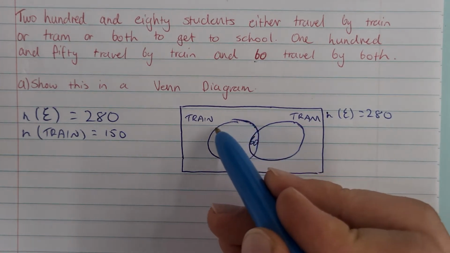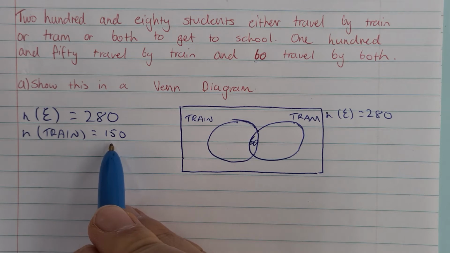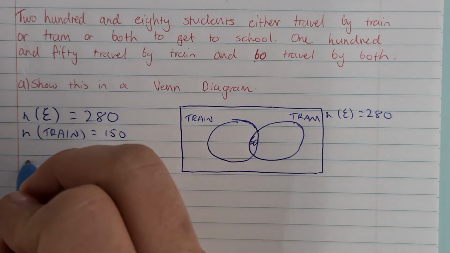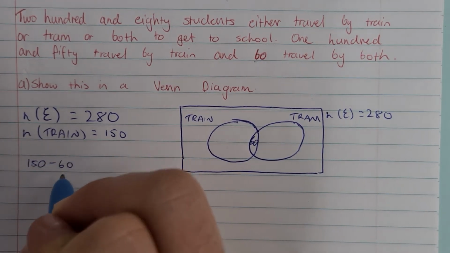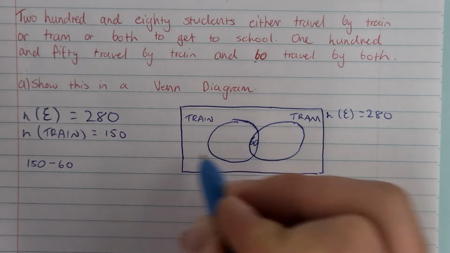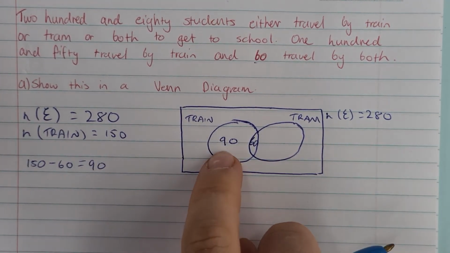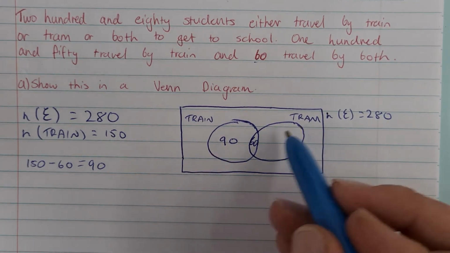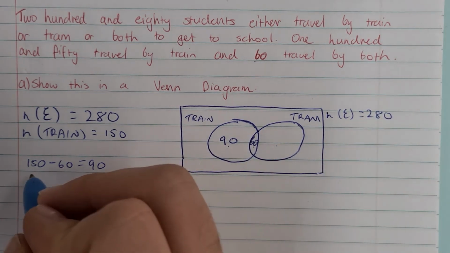So if the entire circle for train has to add up to 150, then this section needs to be the difference. So you can imagine that 150 travel by train, you take away 60 because 60 is in the both section and we're left with 90. So we know 90 must only travel by train. We know that these three sections need to add up to the total amount.